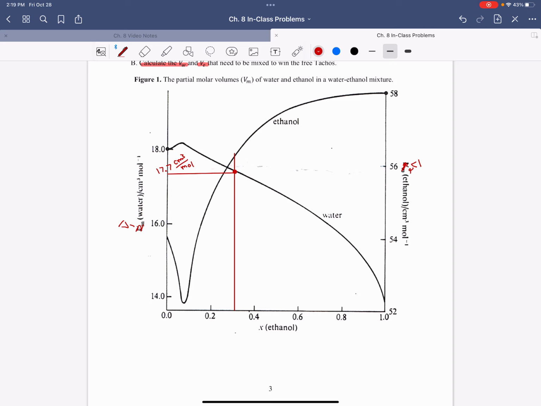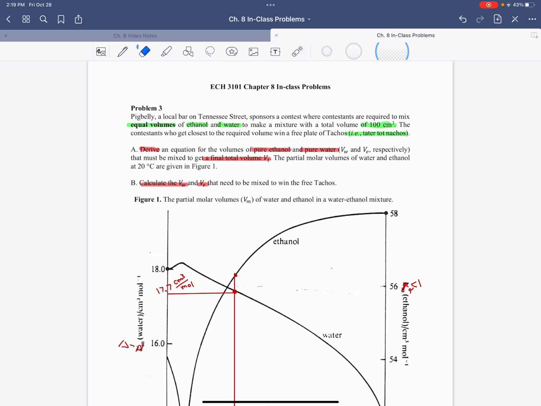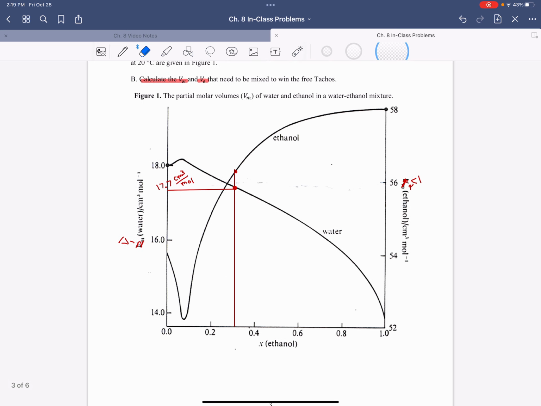Okay? And for ethanol, where it intersects here, we get a value of about, actually, I think I went a little too far to the right. 0.24 is going to be this way, maybe a little bit closer to that intersection.